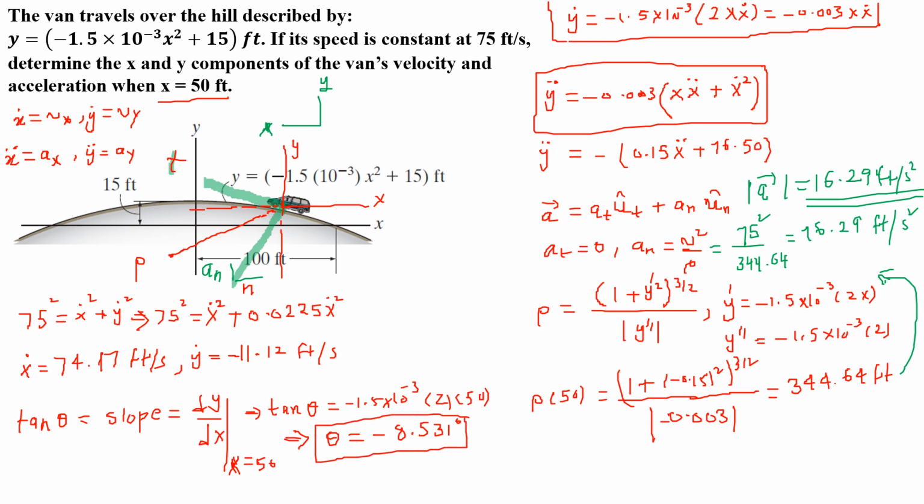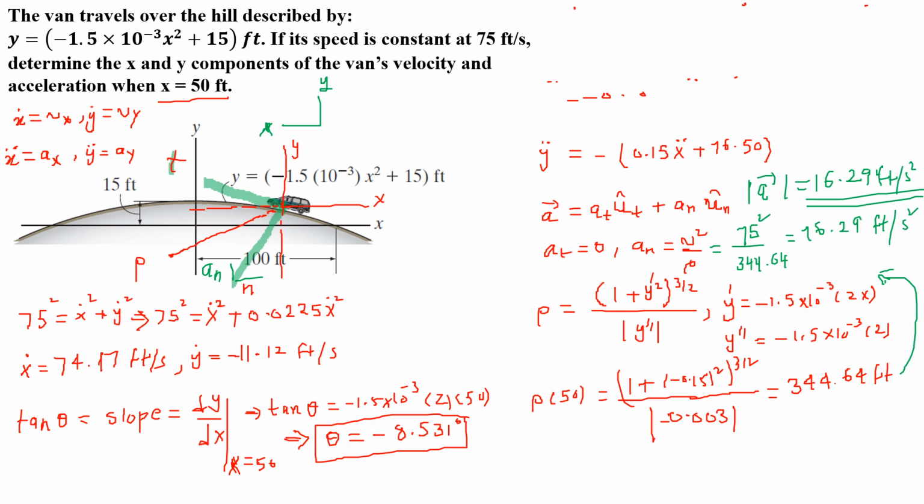Since I have theta, we are almost done. Let me free some space here, I no longer need this. Now a_x is the magnitude of the acceleration we have found, times what? That's my angle theta, because the slope of the curve is here.